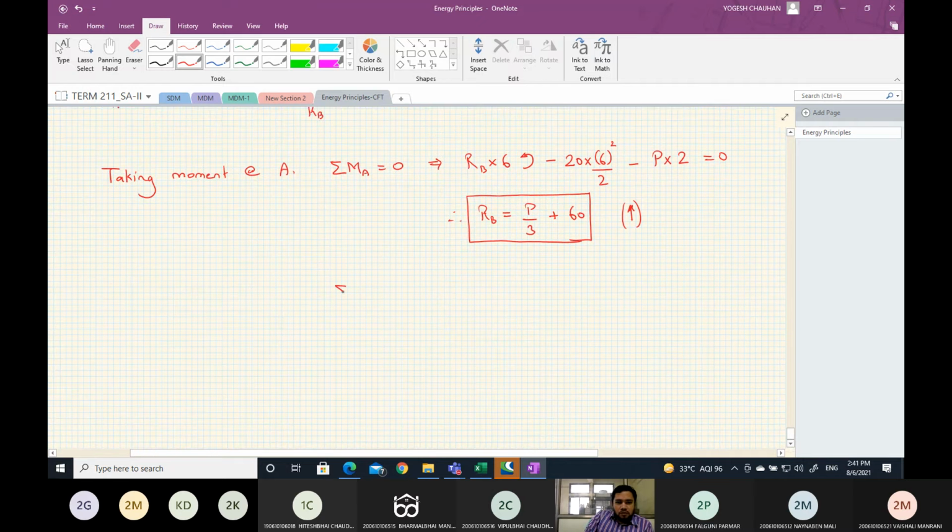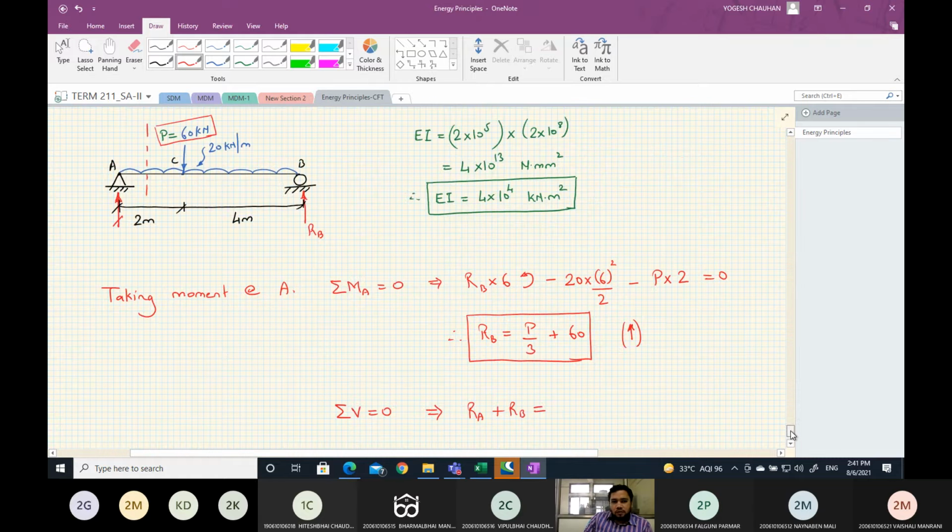Then sigma V equals to 0 implies RA plus RB, this is RA, RB is equals to P by 3 plus 60.